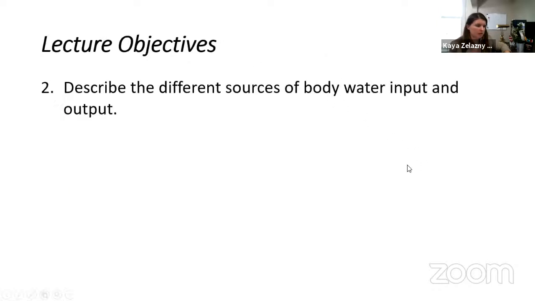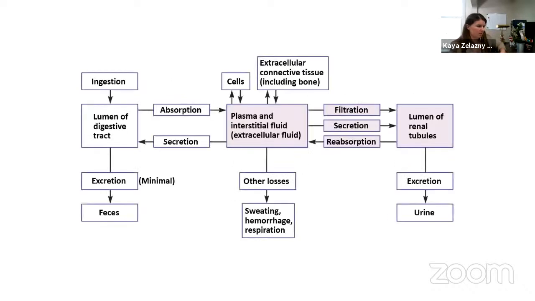So we want to think a little bit about where body water comes from and how it leaves the body. This is a big, kind of messy looking diagram, but it's actually pretty simple if we think about it in order. The first flow we want to think about is drinking, well, and eating.